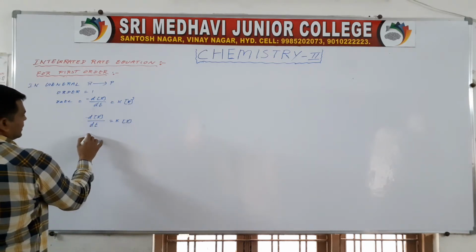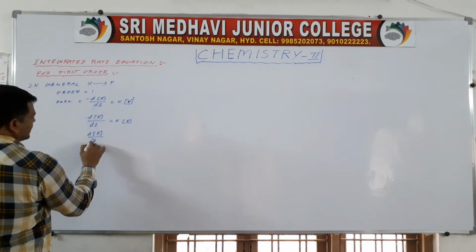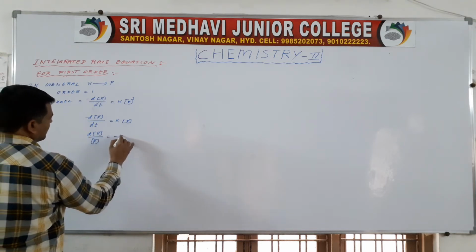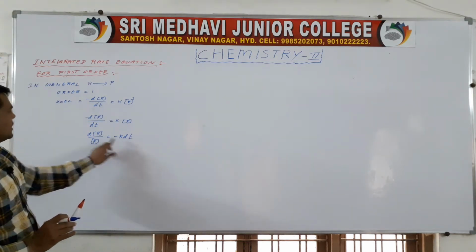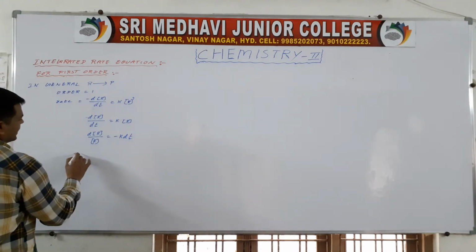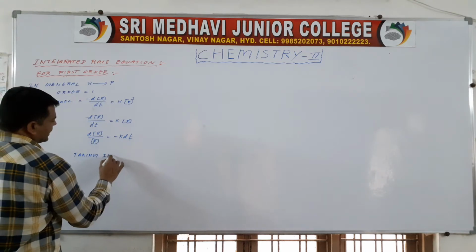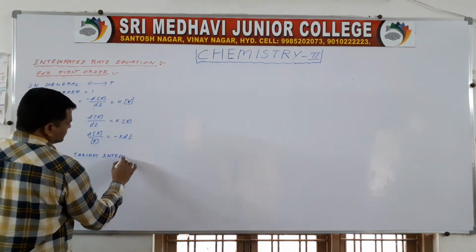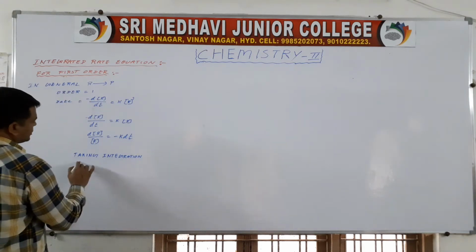Then d[R] by [R] equals minus k dt. Understand? The minus and dt bring to this side. Then taking integration on both sides.